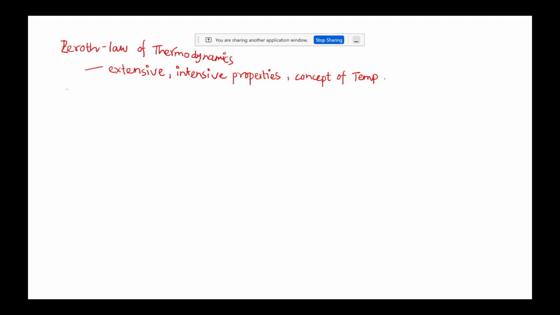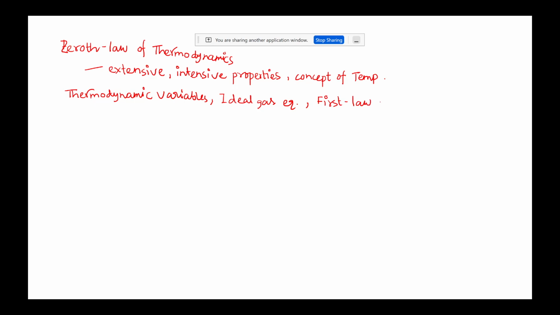Then we studied thermodynamic variables, the ideal gas equation, and the first law of thermodynamics.